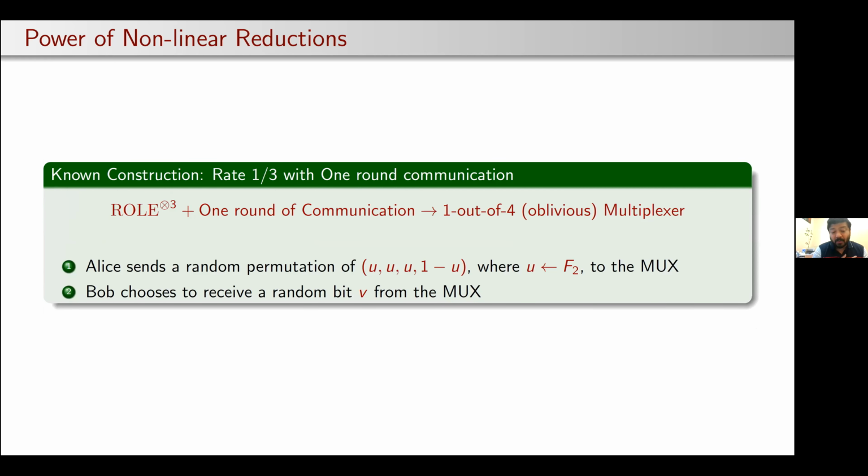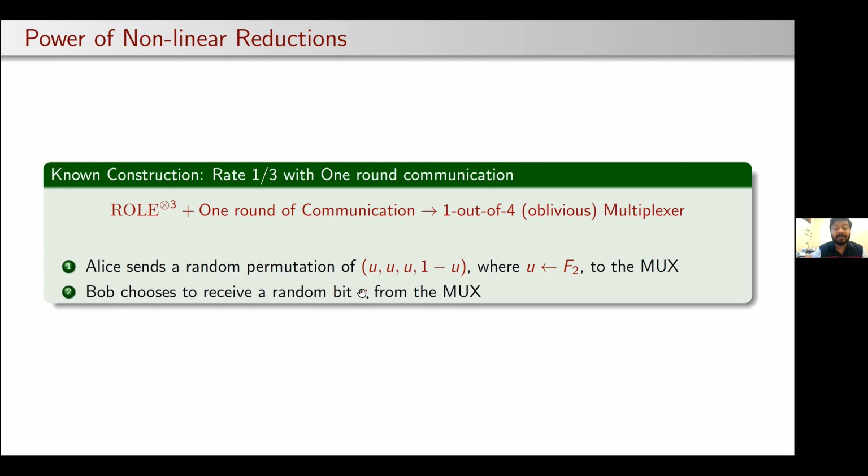Let me tell you what we know from the current state of the art. If you use 3 samples of the RLFE source and use 1 round of communication, then we can implement an oblivious 1-out-of-4 multiplexer. What Alice can then do is sample a random bit, create 3 copies of the bit and 1 copy of the complement of the bit, randomly permute them and send them to the multiplexer.